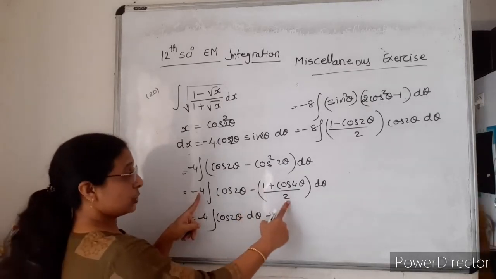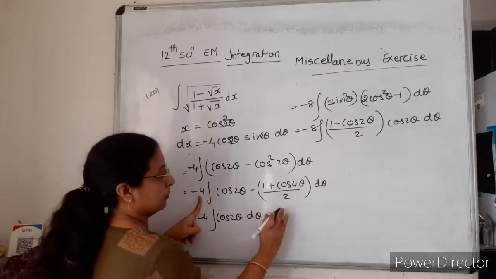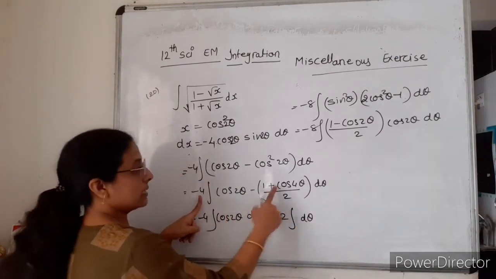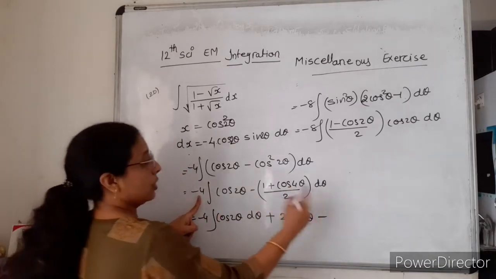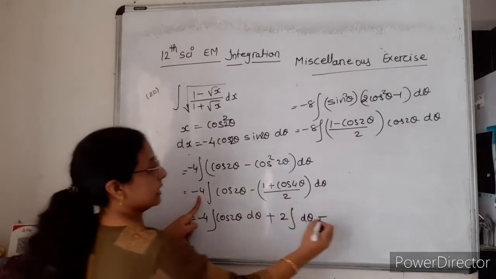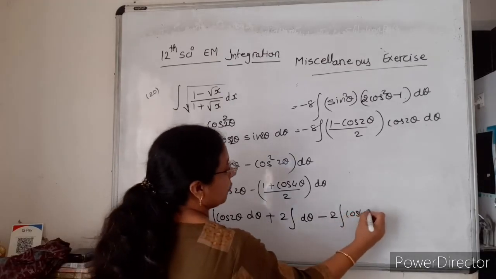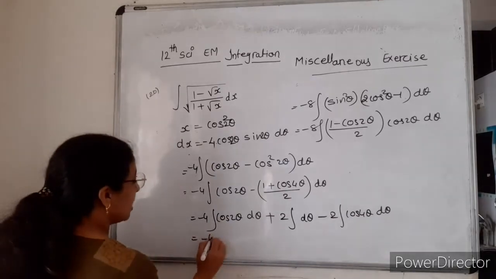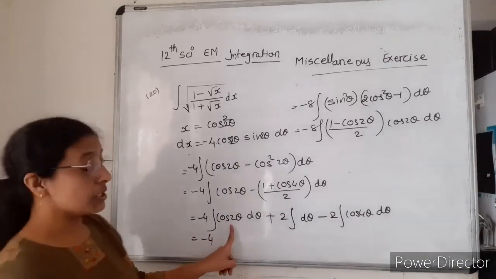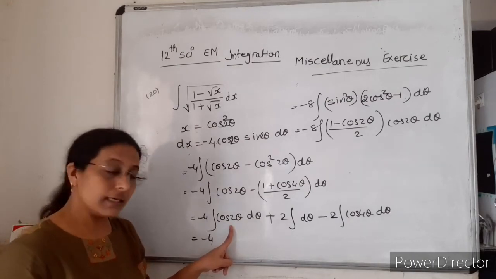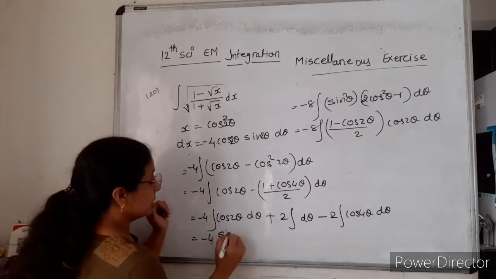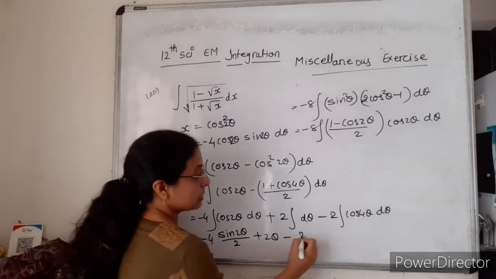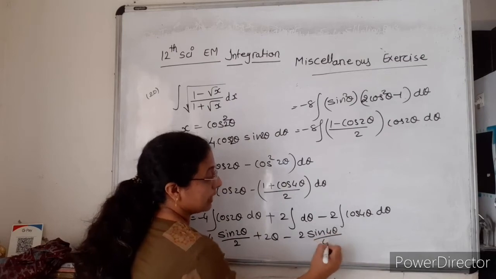This is 1 by 2 and therefore it is 2 times the integration d theta plus cos 4 theta, and this 2 cos 4 theta d theta. Now to find the integration, here is minus 4. Integration of cos 2 theta is sin 2 theta by 2 because 2 theta is given. So sin 2 theta by 2 plus 2 theta minus 2 sin 4 theta by 4.